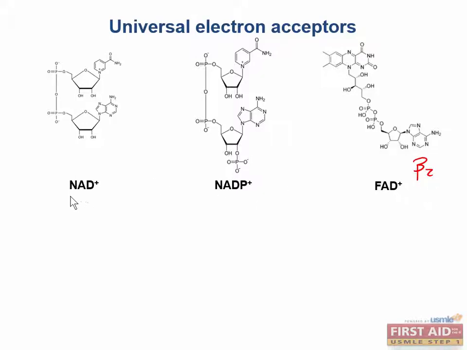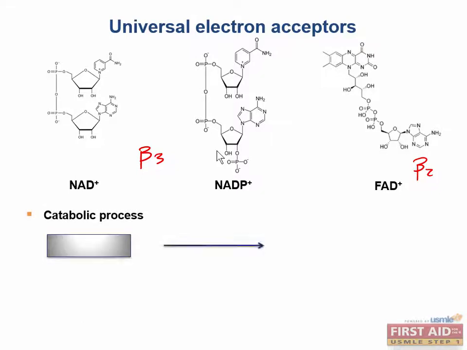On the other hand, our NAD and our NADP are both derived from niacin, or vitamin B3. So all three of these, our universal electron acceptors, are going to accept electrons using various redox reactions, and then they're going to transfer those electrons to other molecules, say the proteins in the electron transport chain.